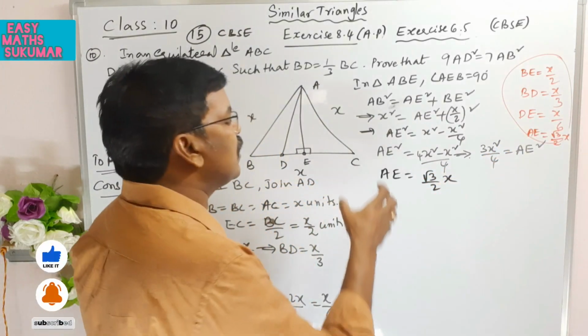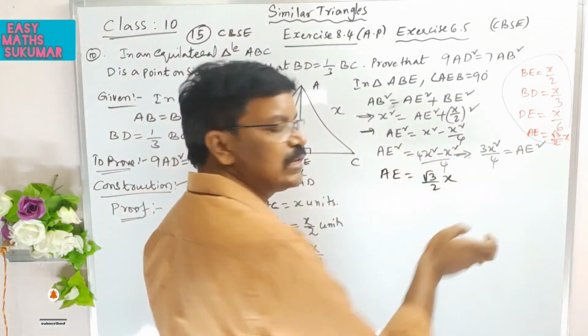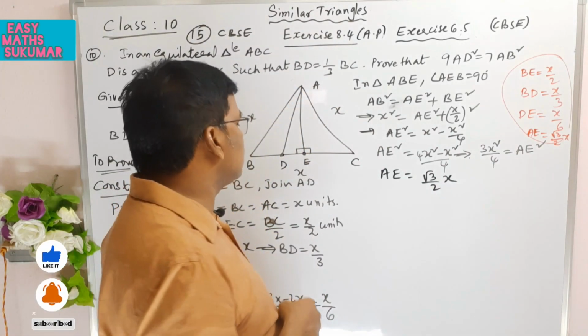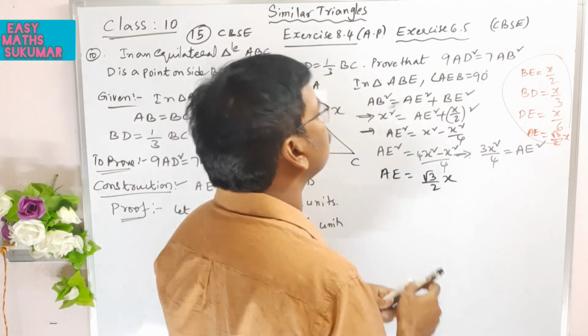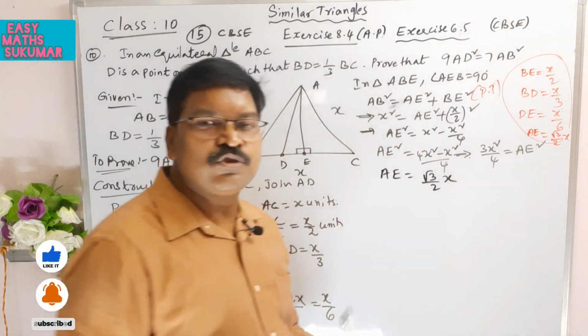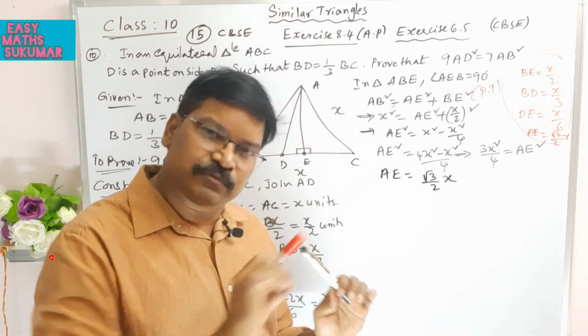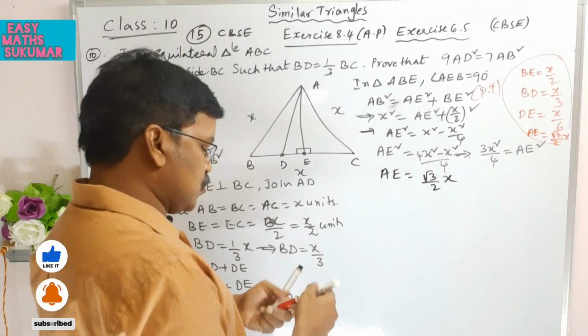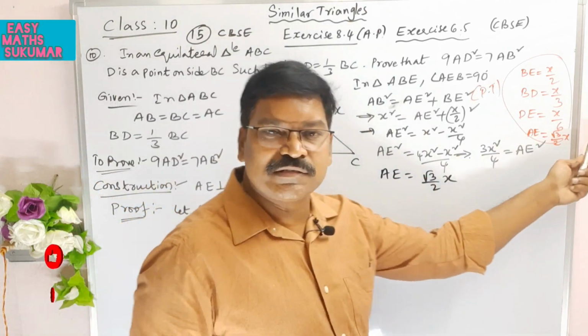And now we have found the value of AE, the length of the altitude, by using triangle ABE and Pythagoras theorem. Please don't write in short form, please write full form only. I have not enough space here, that's why I use shortcuts. This AE is equal to root 3 by 2x.